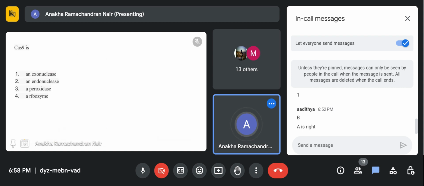So the question is, Cas9 is an exonuclease, an endonuclease, a peroxidase, or a ribozyme.